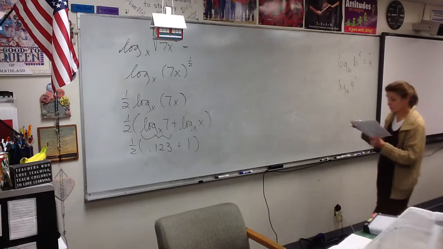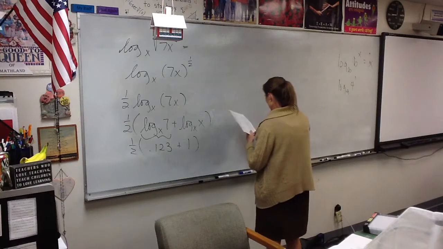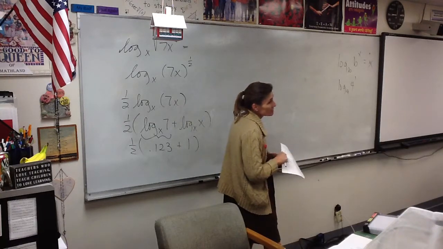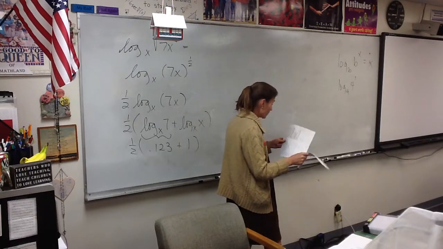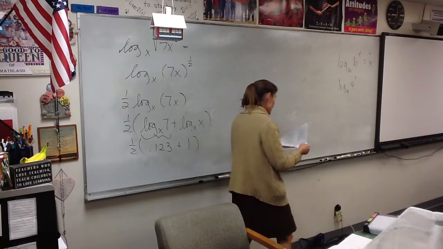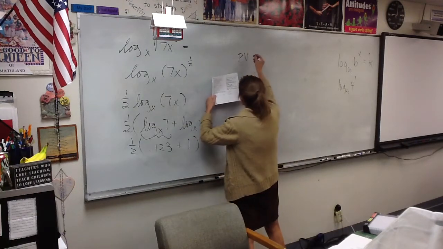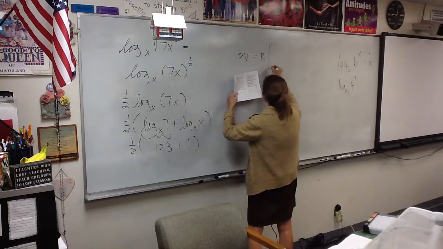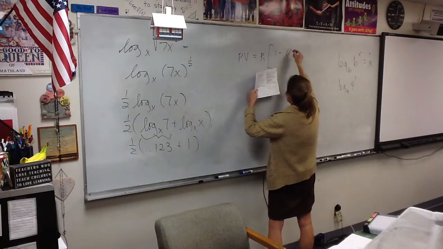Which formula did you use? Was it PV? Yes, it is PV. Of course it's PV because we are paying off a loan. We are not investing for the future. We are paying off a loan.